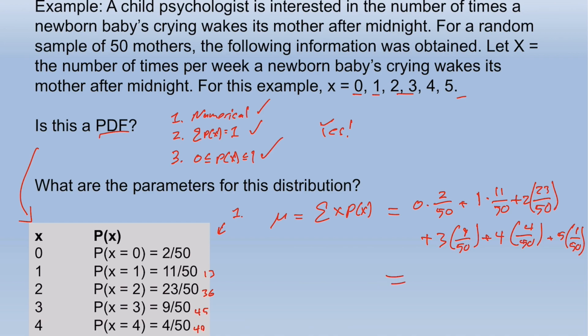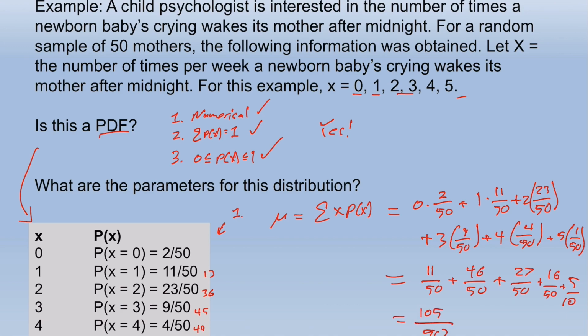Okay, and so what is that? That's the same thing as 11 over 50 plus 46 over 50 plus 27 over 50 plus 16 over 50 plus 5 over 50. So let's see, 11 plus 46 plus 27 plus 16 plus 5 is 105.